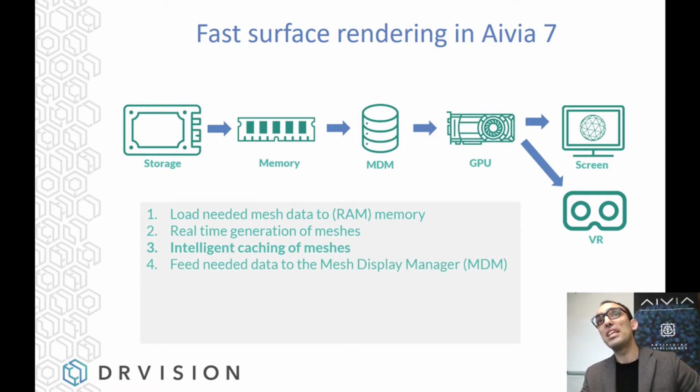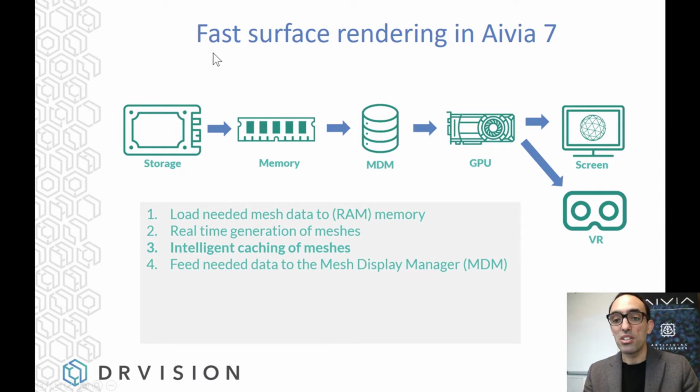After that, we feed those meshes, some of them already cached if we think it's the appropriate thing to do. It depends on the circumstances, but in many cases we cache them. We then feed those to the mesh display manager, also known as the mesh data manager.